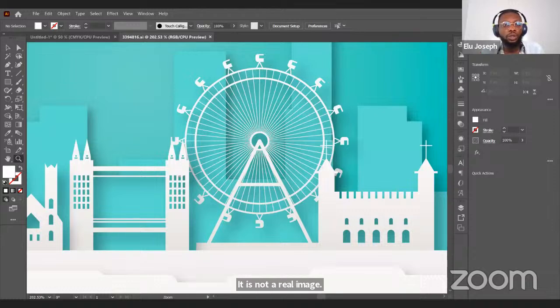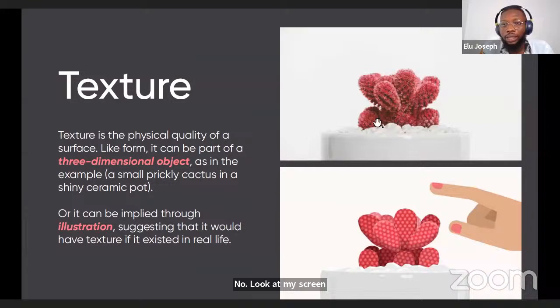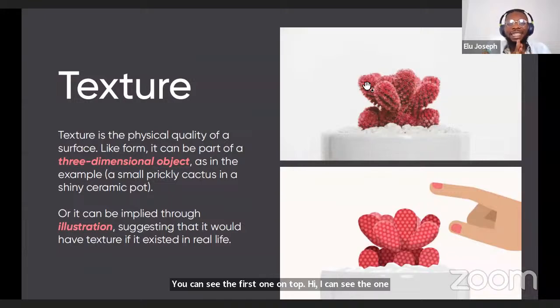Let me show you the perfect example. Look at my screen. Look at the two images here. The first one on top is a real image of a cactus plant.